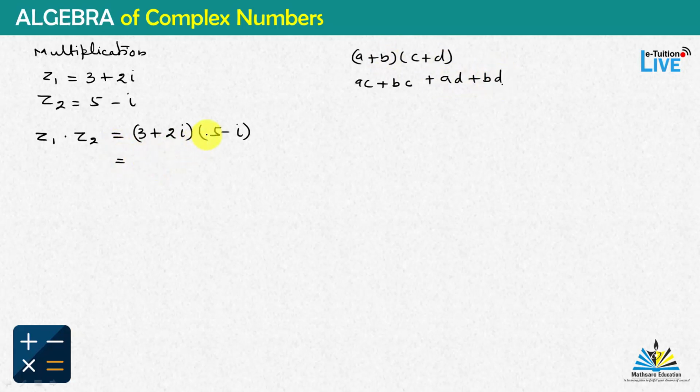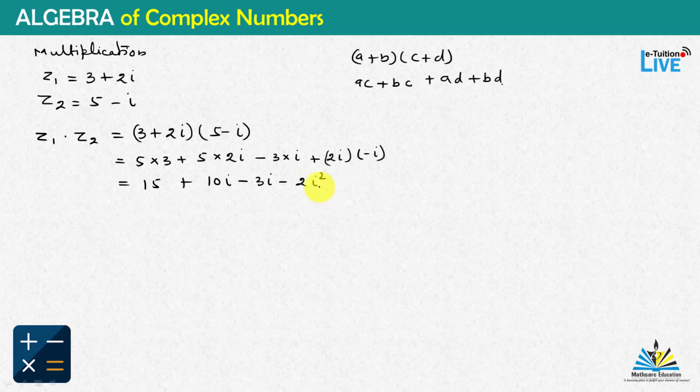In the same way, we multiply here by 5 in both the numbers, that is 5 into 3 plus 5 into 2i, and this is minus 3 into i plus 2i into minus i. So this is the multiplication. So we will get 15 plus 10i minus 3i, and here we are getting minus 2i square.